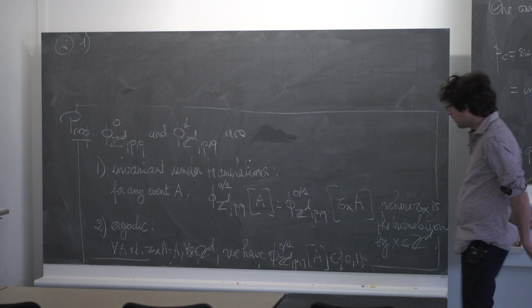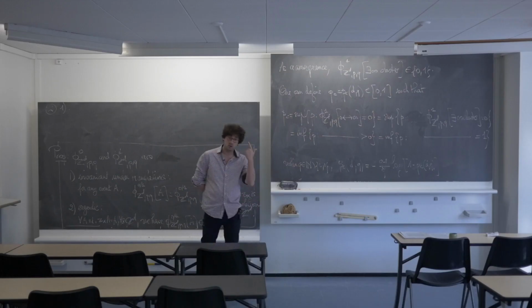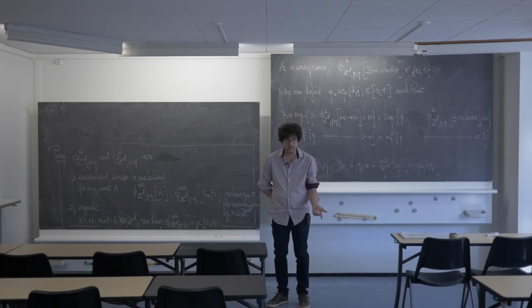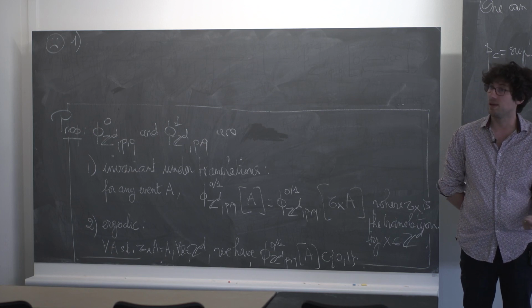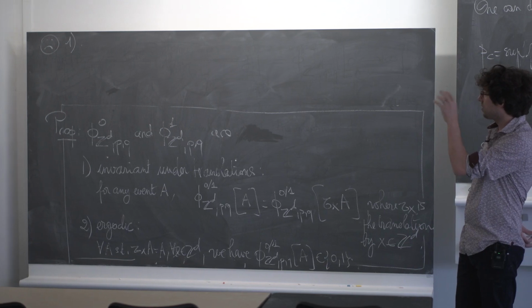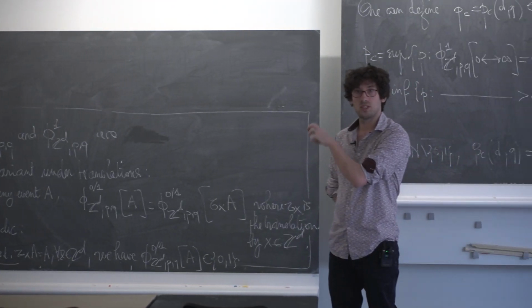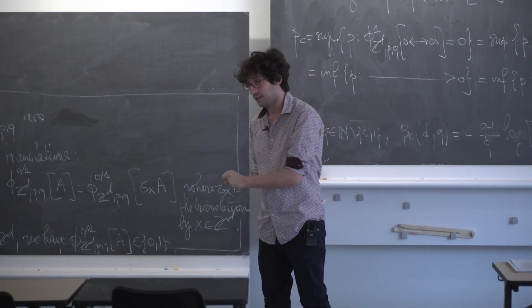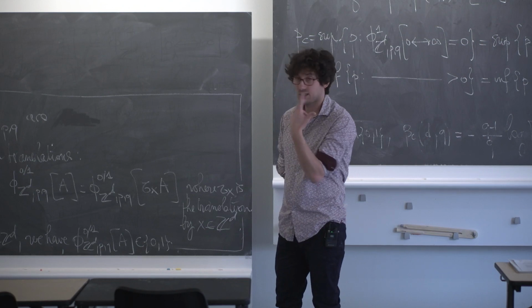And second, I told you earlier that any event which depends on finitely many edges can be written by inclusion-exclusion in terms of events that are increasing and depend on finitely many edges, or events that are decreasing by complement. So it's sufficient to derive this property, for instance for phi^0, for events depending on finitely many edges that are decreasing, and for phi^1 that are increasing.